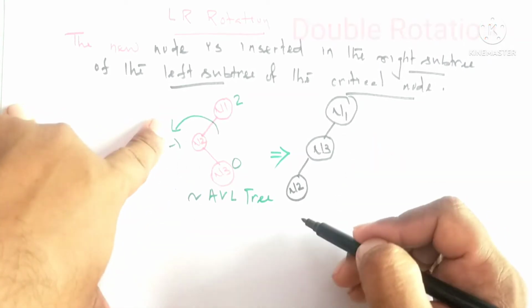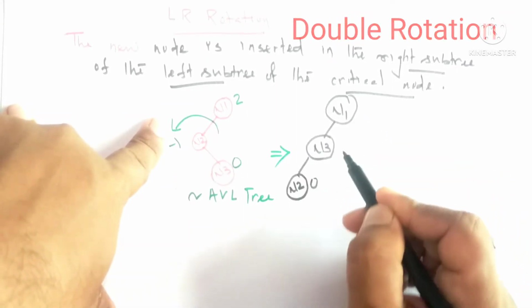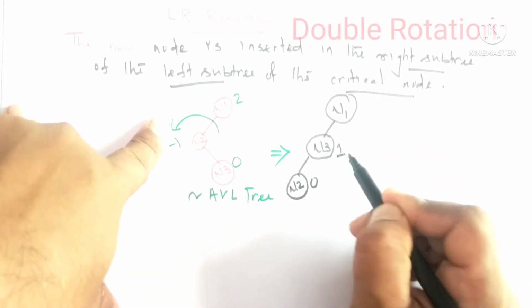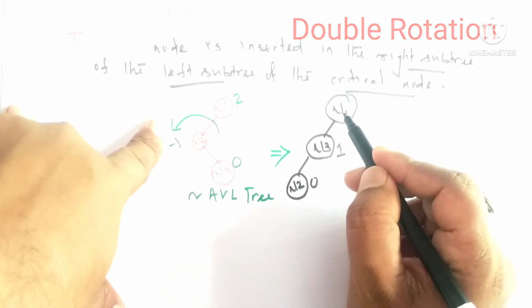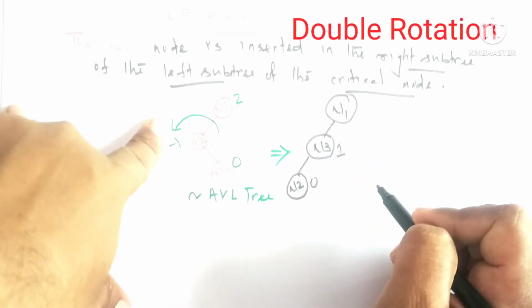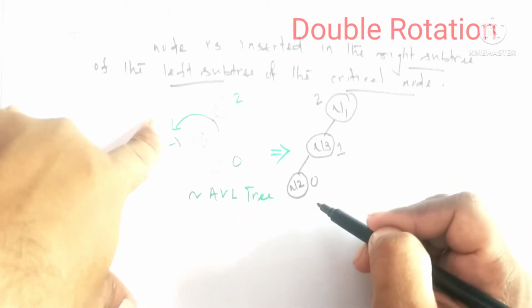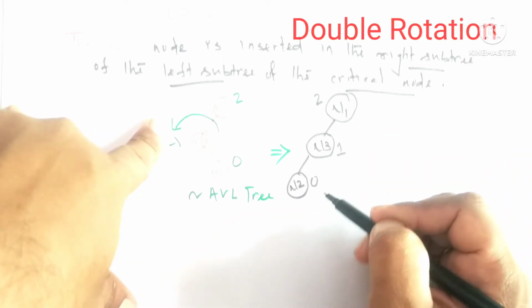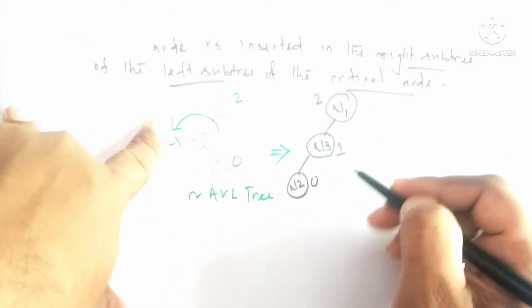Now measure the balance factor. Balance factor of N2 is 0, balance factor of N3 is now +1, left subtree is 1, right subtree is 0, 1 minus 0 is 1. And the balance factor of N1: left subtree height is 2, 2 minus right subtree 0, that is 2. So it is still not an AVL tree after the anticlockwise rotation, but it is now an LL case.